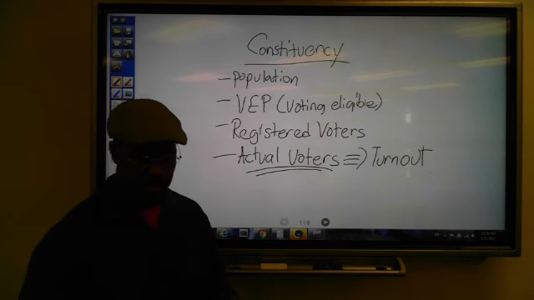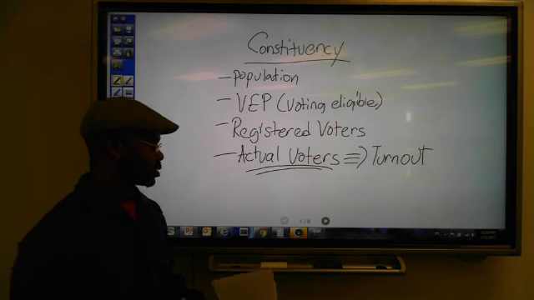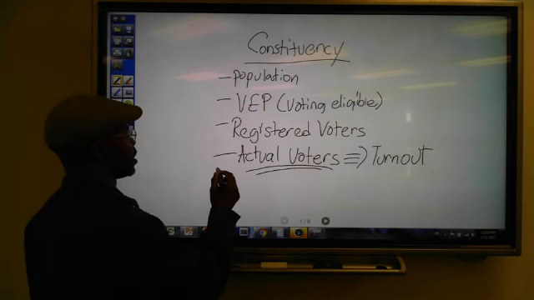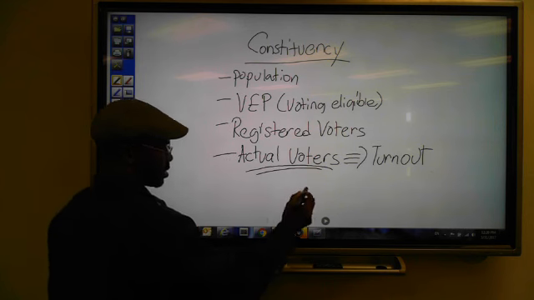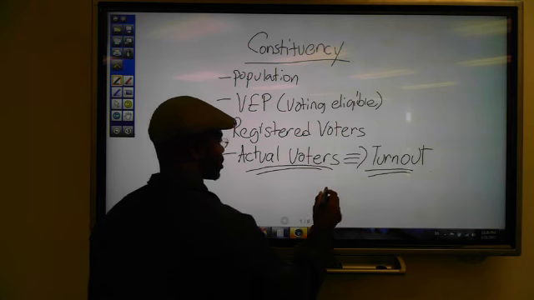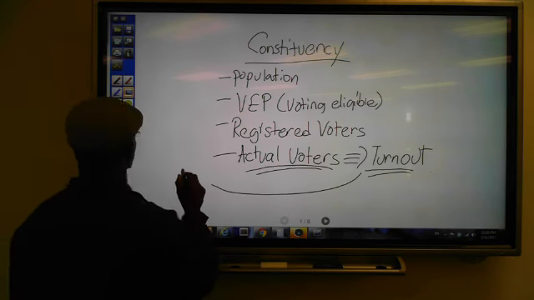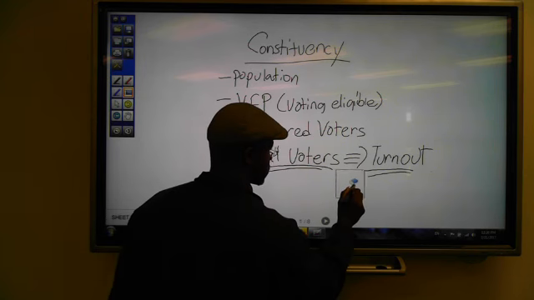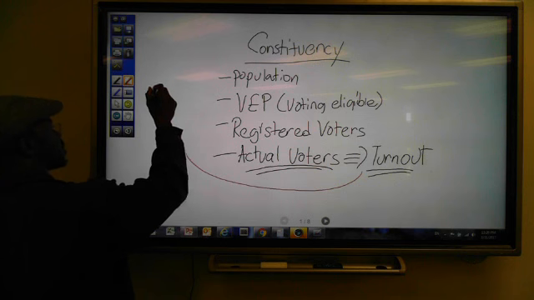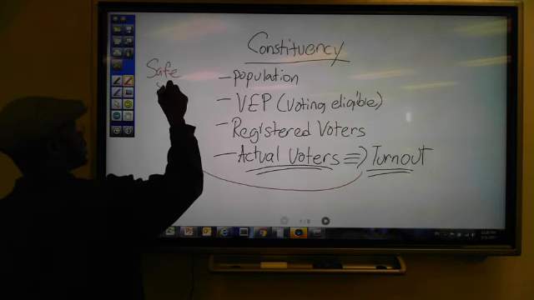And why is this important? Because for the most part, elected officials in this country have worked it out to where this analysis, this turnout, amongst these actual voters, and actually let me use a different color for that, works to their favor, so much so that we have a term that we call safe seat.